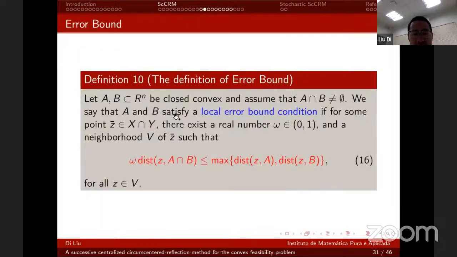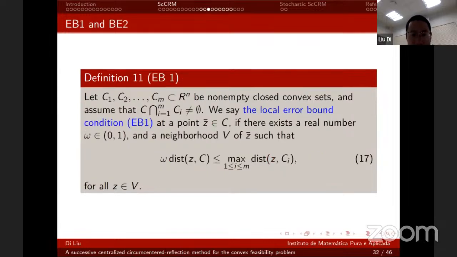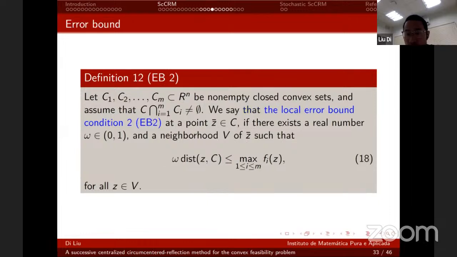Okay, so before proving the convergence rate, we have some assumptions about the error bound. First is the error bound for two sides, which is a standard definition. But here we have m sets, so we need some omega multiplied by the distance of x to the intersection to be less than the maximum of the distances of x to the sets C_i. We call this EB1 here. And we also need EB2 because we have the algorithm for the function value version.